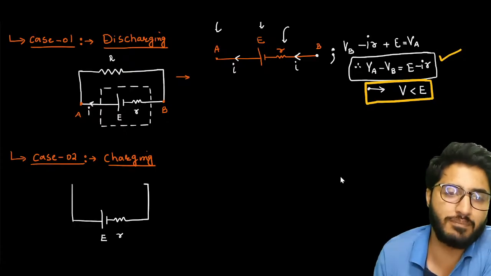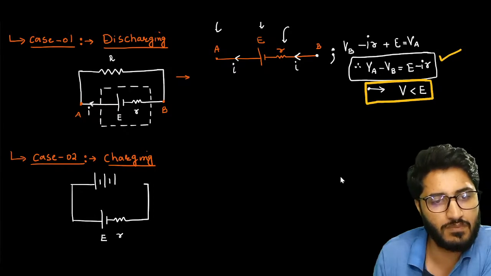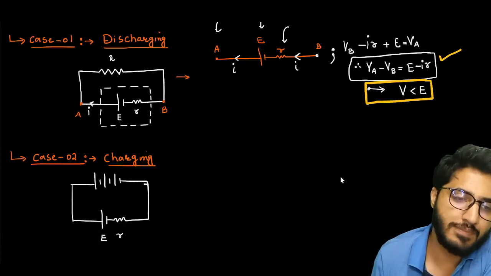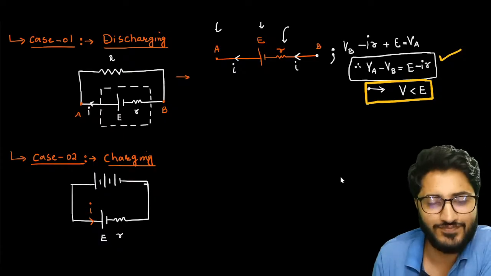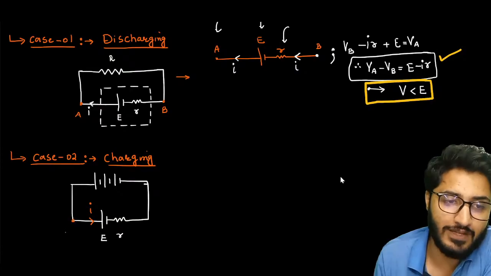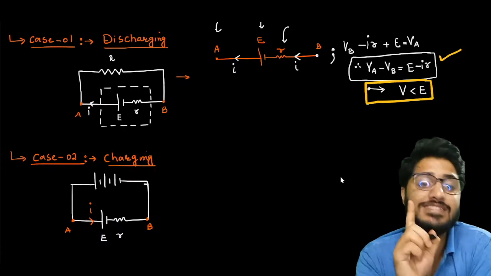I will place here a big battery. What will happen? This battery will push the current inside your small cell. If this is point A and this is point B, you can see the current is going inside my cell.